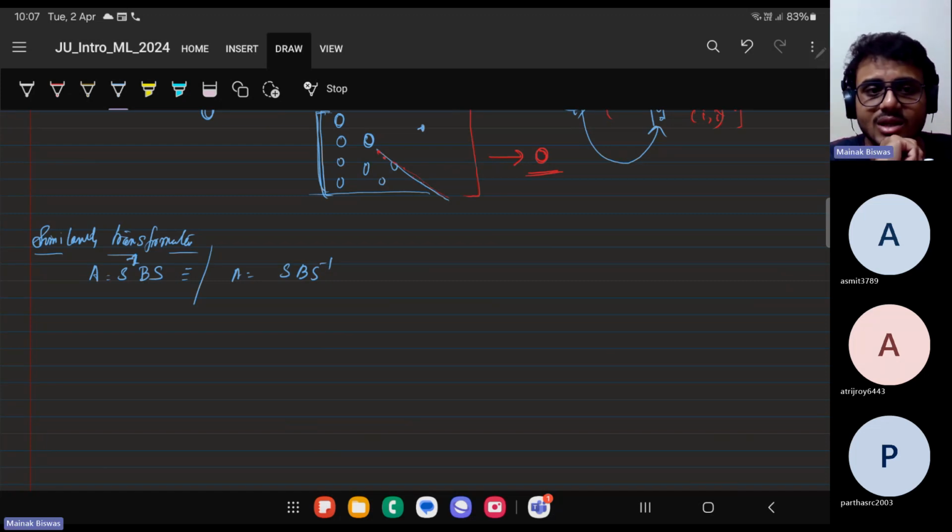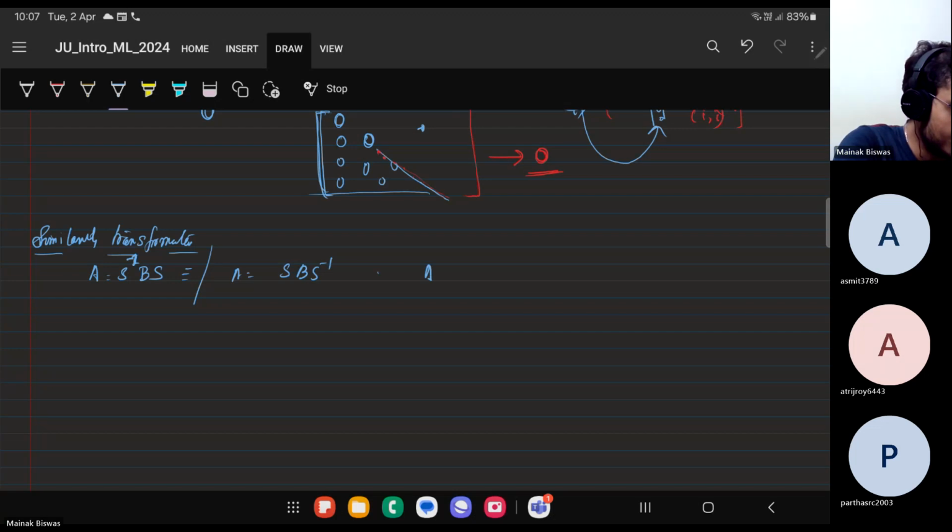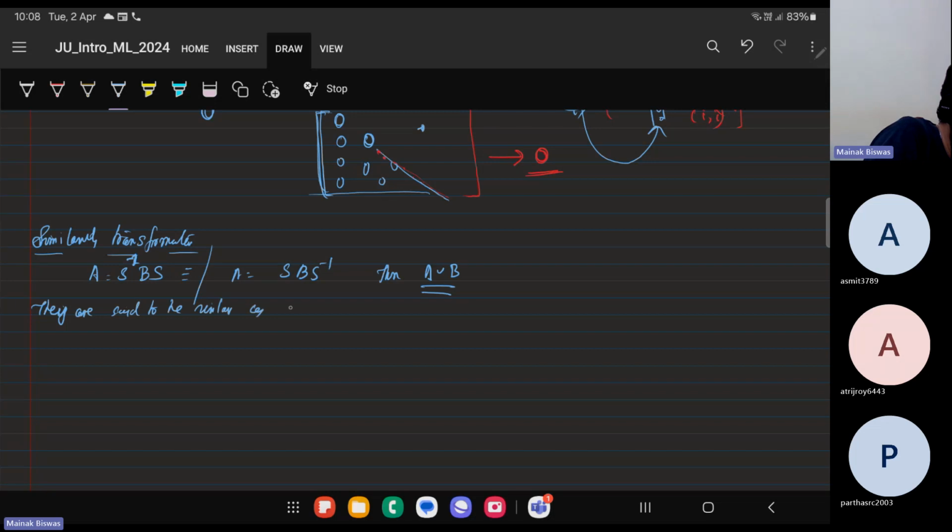And why are they said to be similar matrices? We'll see. Then A is similar to B. They are said to be similar because they have the same characteristic equation.